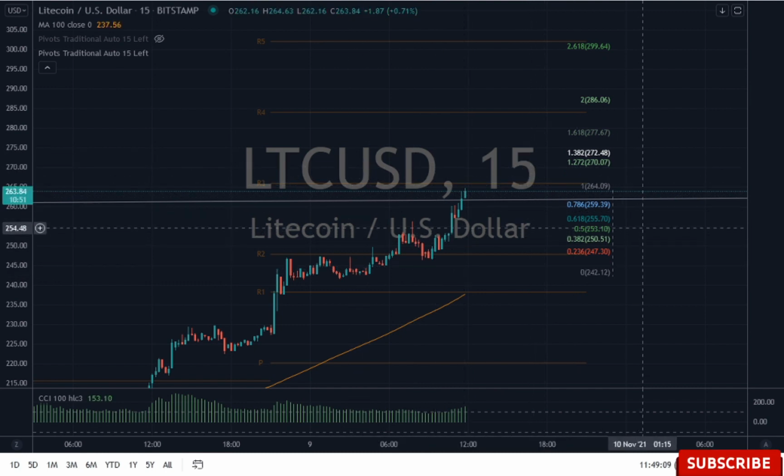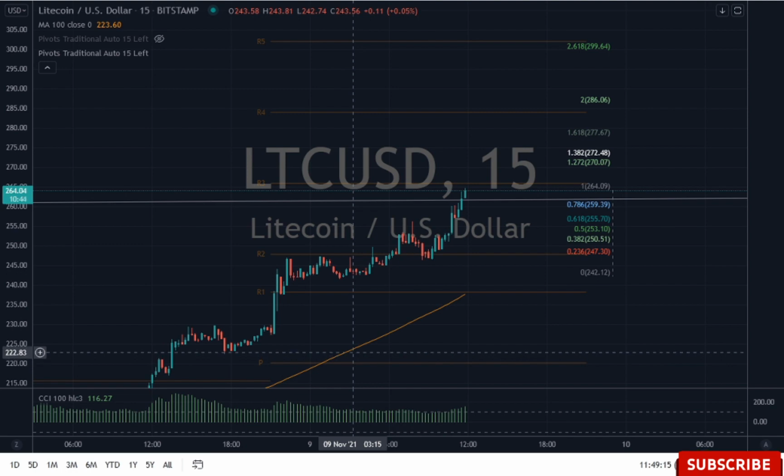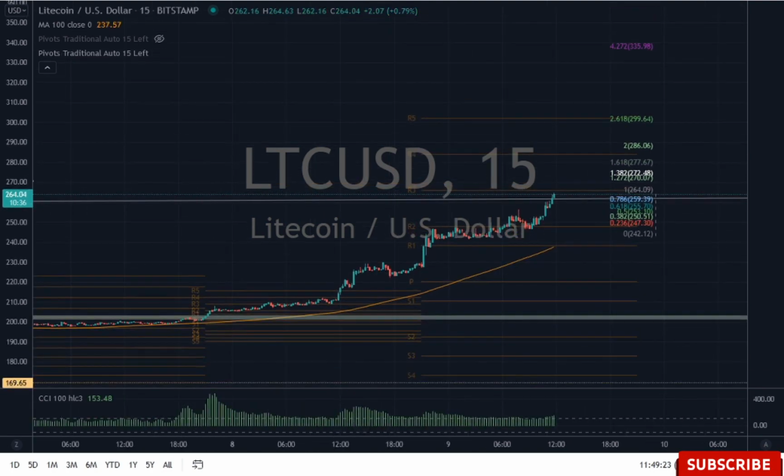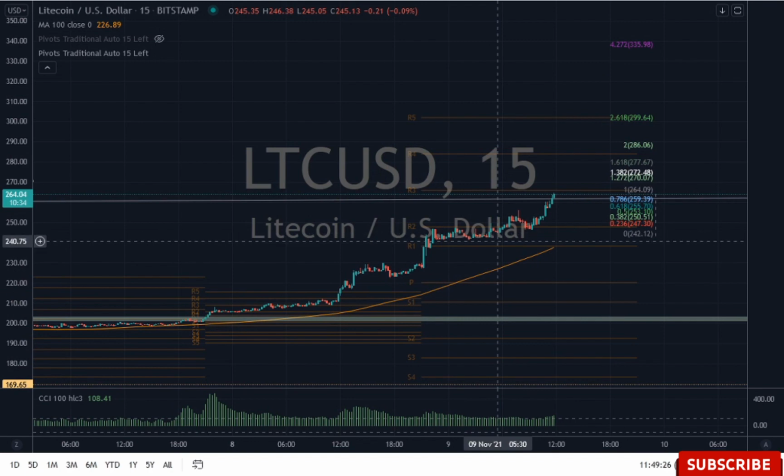You want to buy at 61.8%, you want to buy at 50%, around $255. You want to have a stop here at 220. You want to be at least 2 supports below your entry usually. If you want a better risk reward, then the stop is just 240, below that level here.